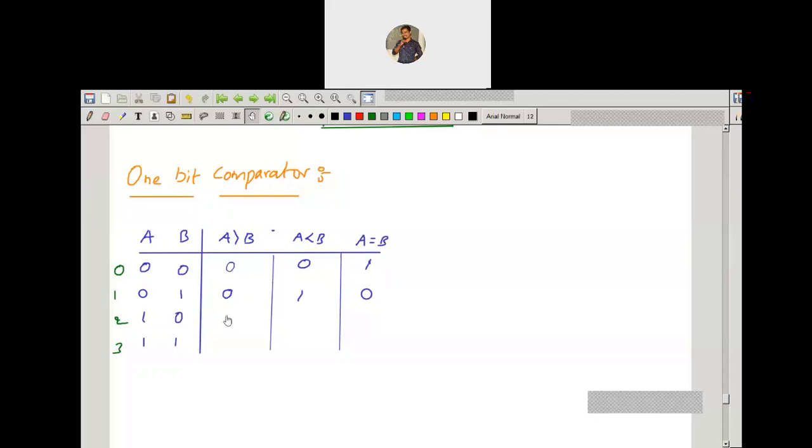Obviously it is true, right? A value 1, B value 0, so it is a true case. So it's a logic 1 and the remaining will be zeros. And in the case 1 1, A equal to B.